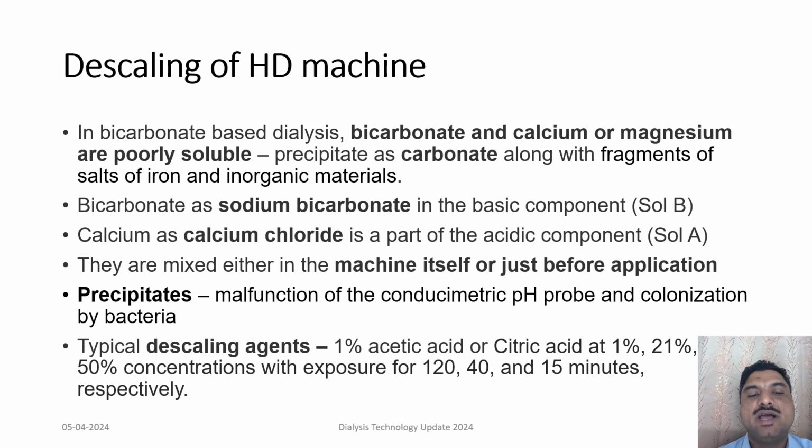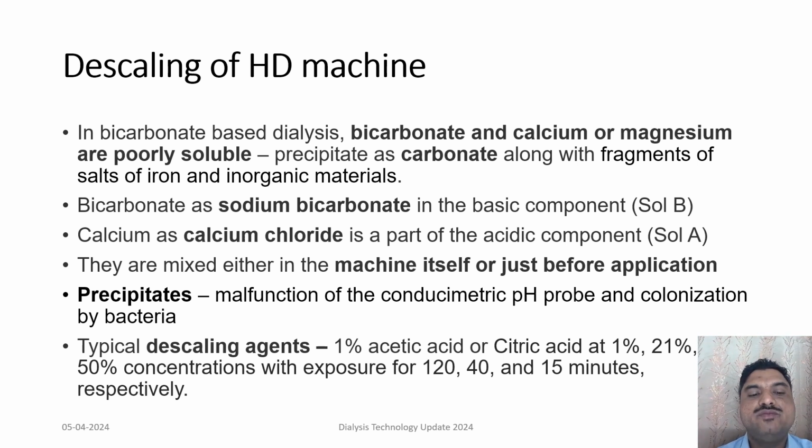So that is the reason why both these solutions have to be mixed either in the machine itself or just before the application. Even with that, there is a chance that these get precipitated, and these precipitates then cause malfunctioning of the conductimetric pH probes and can also promote colonization of the bacteria.